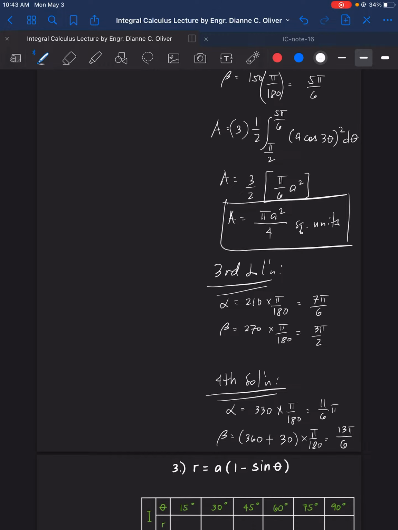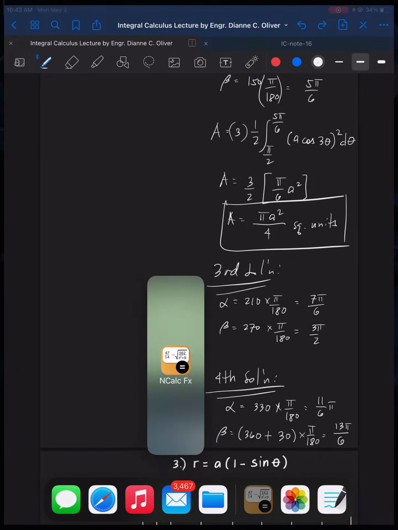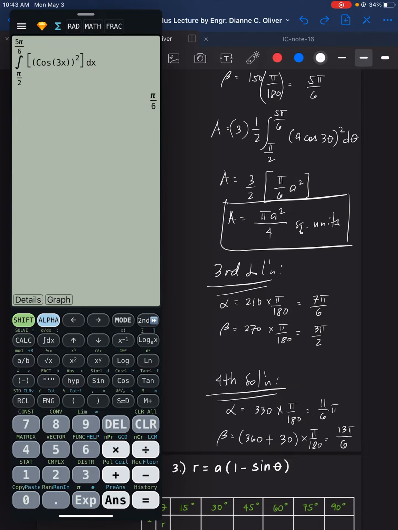Now, let's see if they have the same answer of pi over 4. Don't forget, we will multiply by 3 halves because there are 3 of them. Let's see if we can arrive at the same answer as pi over 6. So the third solution is 7 pi over 6, and then the lower limit is 3 pi over 2.